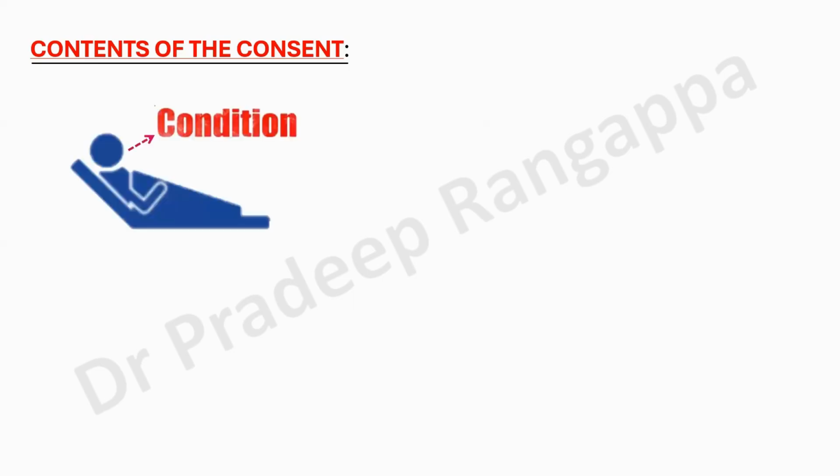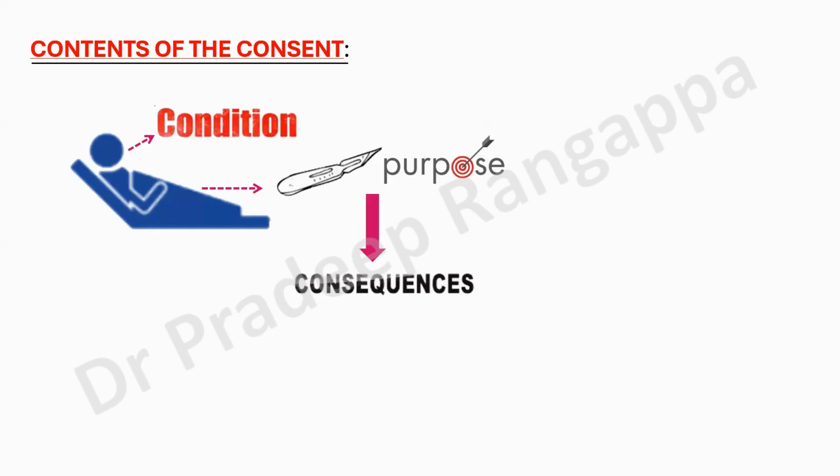The condition of the patient has to be clearly elucidated in the consent, and the purpose of the intervention being done has to be clearly elucidated. The possible consequences after doing a procedure or intervention have to be elucidated, and the risks of the said procedure have to be clearly elucidated.